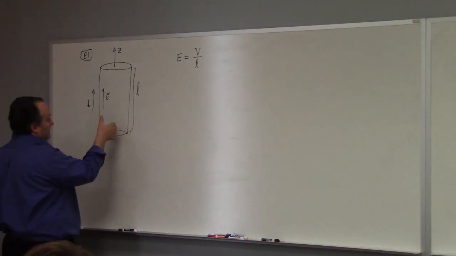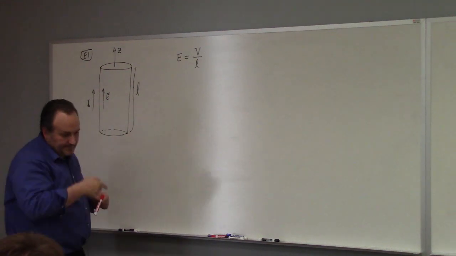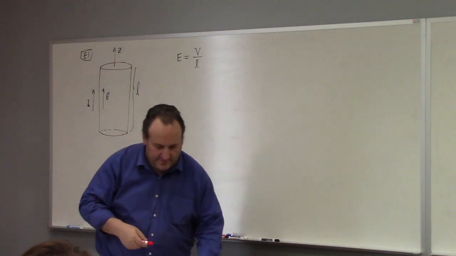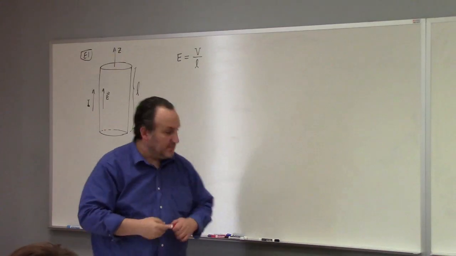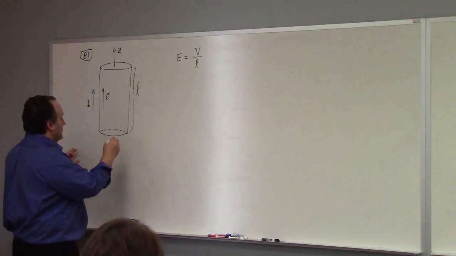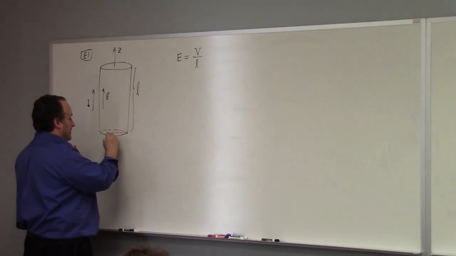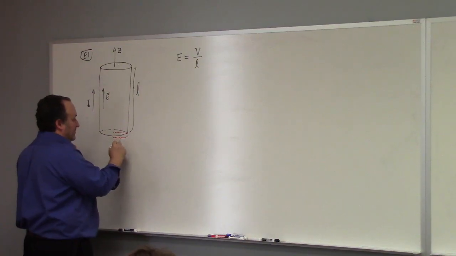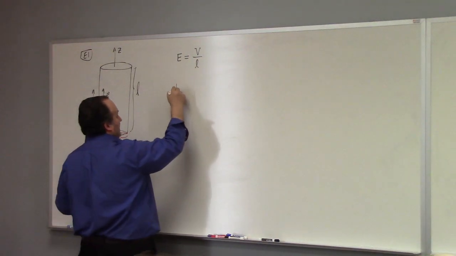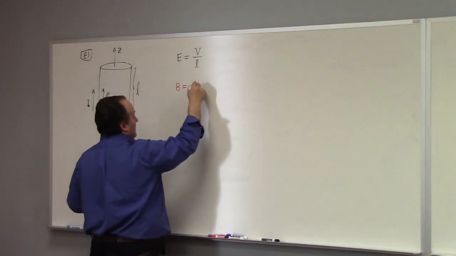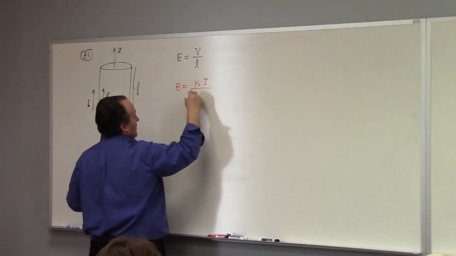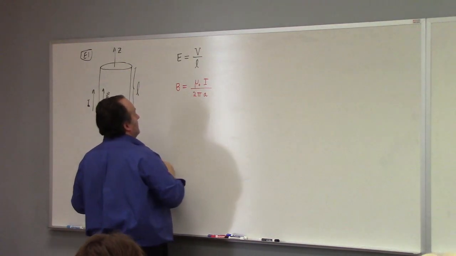So we also have a magnetic field, right? And we want to calculate the magnetic field at the surface. So this distance here, I think it's radius A. So the magnitude of the magnetic field is mu naught I over 2 pi A, right?